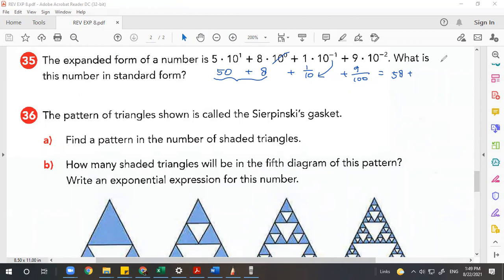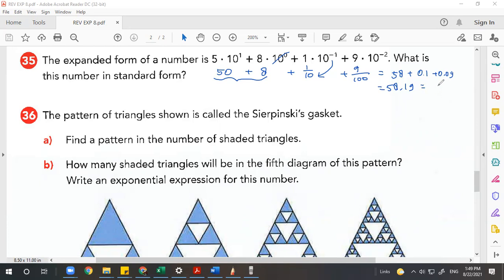What is 1 over 10? Remember the decimals? 0.1, right? And then this is 0.09. So 58.19. This is the hard way. I will give you the hard way, and I will give you the easiest way. This is what I thought at first, as simple as that.